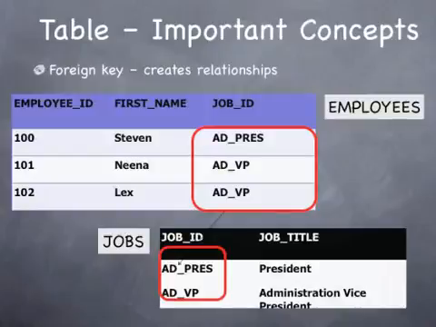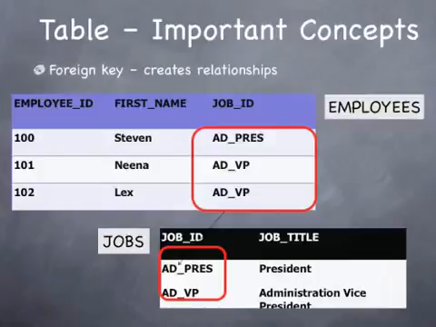Now first of all, let's take a look at what the primary key in the two tables would be. The primary key for the employees table would be employee ID. The primary key in the jobs table would be job ID. Now there is a relationship between these two tables, and the relationship is defined by the job ID column in the employees table. Notice that some of the employees also have the same job ID.